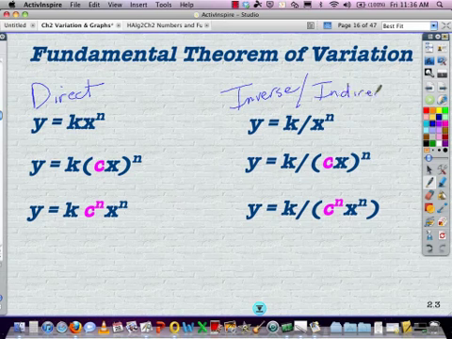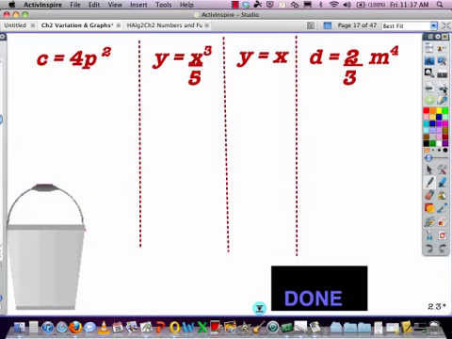If you can do that, then when you come to class and talk to me about what happens and what effect it has, we're going to be able to do an activity on this sheet that will find out who really understands the fundamental theorem and who needs a little more practice. So be careful.